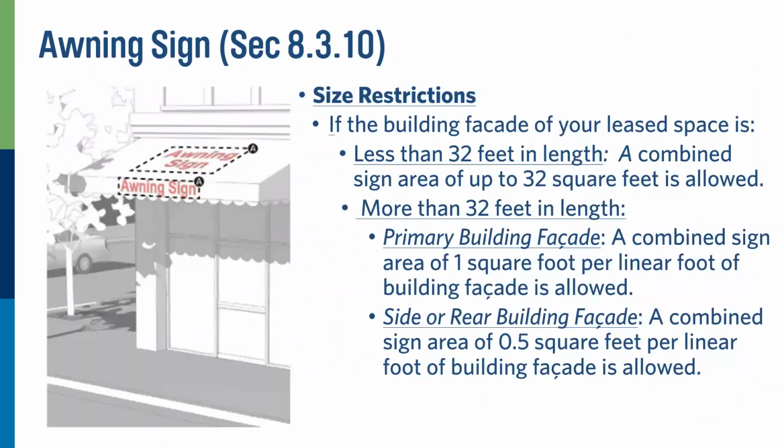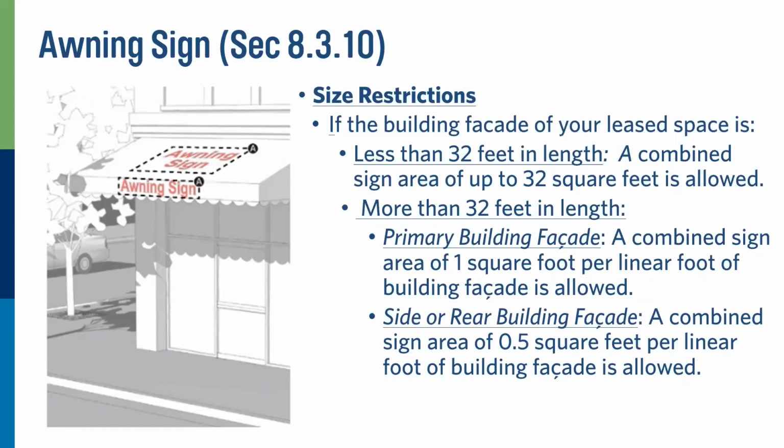So this is kind of the meat and potatoes of what's really important to you guys, the size restrictions. A lot of these have similar size restrictions, so you'll see it over and over again. But this is the easiest way that we can break it down for you so that it makes sense. So the building facade that you lease: if you lease from this corner to the edge of the screen, that's your spot.